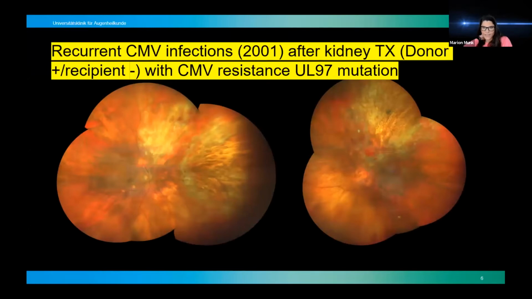This patient had recurrent CMV infections after a kidney transplant, and unfortunately the donor was positive with a CMV resistant mutation, and so the recipient got CMV infections. But when you look closely, you see that despite the retinitis lesions and the hemorrhages, you can also see chorioretinal lesions within the posterior pole in this patient.